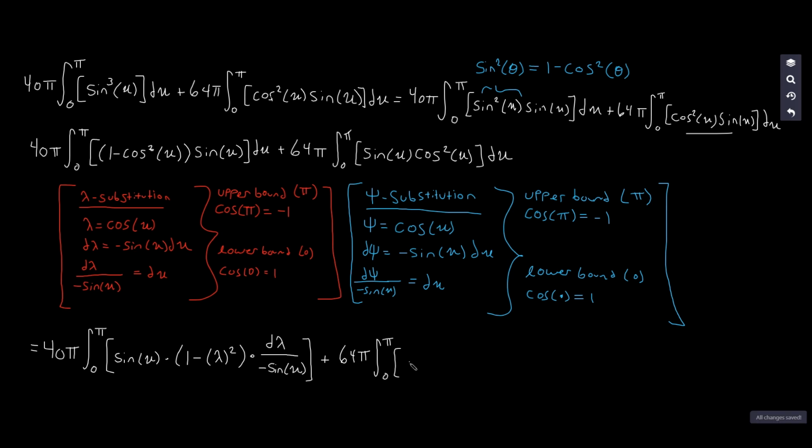So what is that? Sine of u gets left alone, but instead of cosine of u, we're going to do psi squared, because psi sub. And then we couldn't get du by itself, so we're going to have times d psi over negative sine of u.